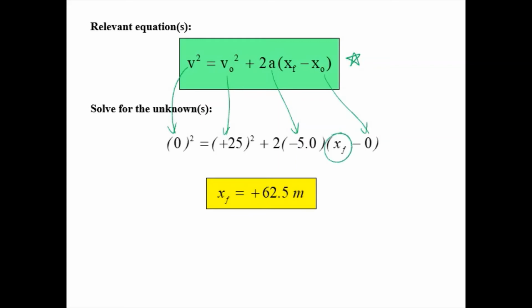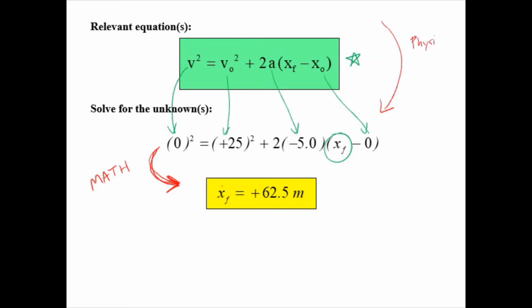And of course, if you have difficulty solving the problem from this line down to here to get the answer, what you're struggling with is your math. I didn't show all the details in the math here, solving that algebraic equation out. But obviously, if you struggle from this step down to here, that is the math. You're not really struggling with the physics, you're struggling with the math. If you had trouble getting to this point, that's kind of the physics, the process of sorting out the details in the problem and selecting the equation. That is really the physics part of the problem.